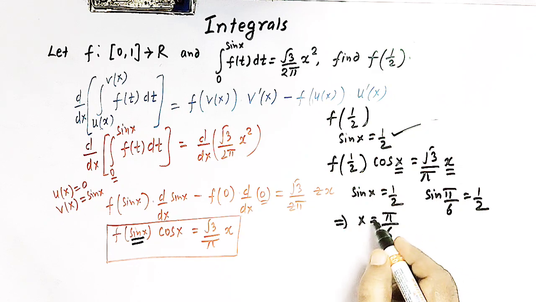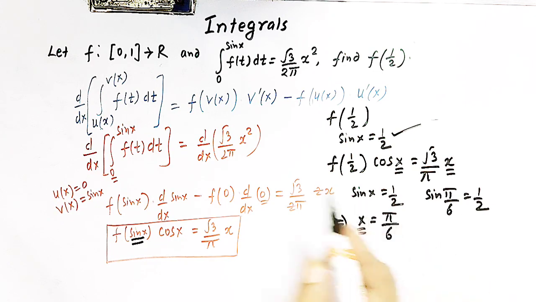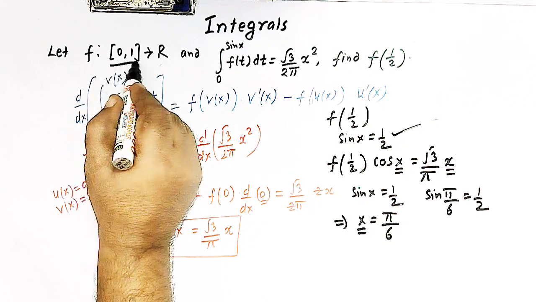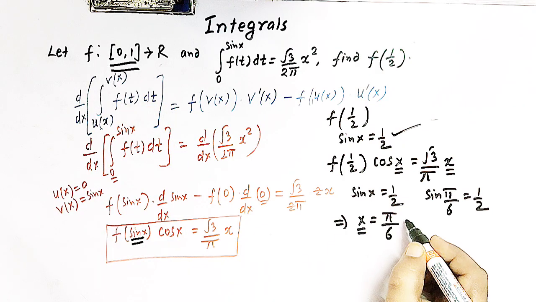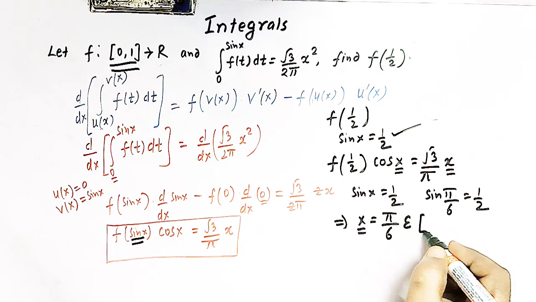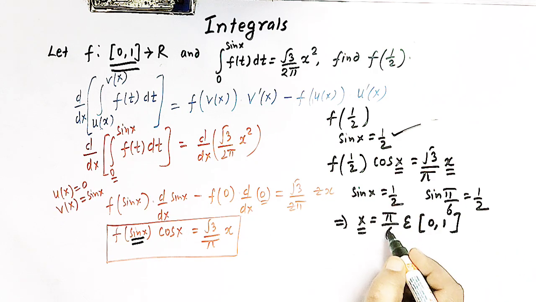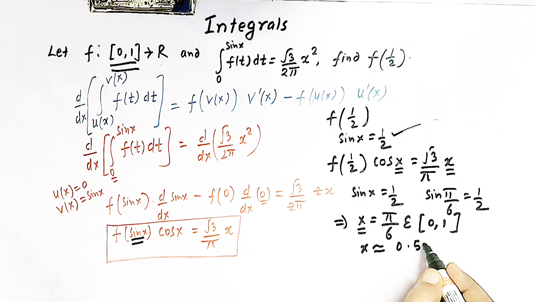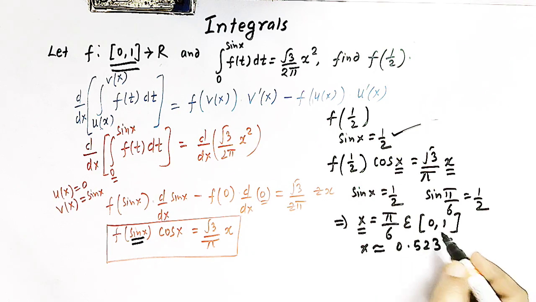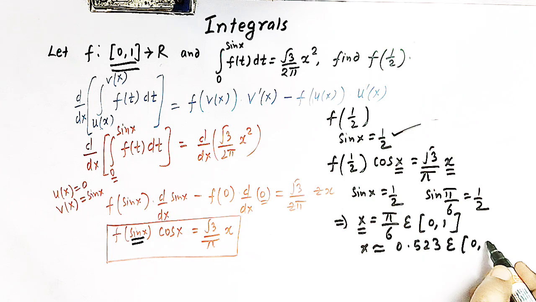We can see that this x, pi by 6, belongs to the interval [0, 1]. The value of pi by 6 is approximately 0.523, which belongs to this interval.